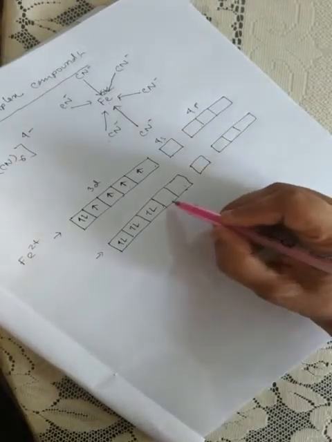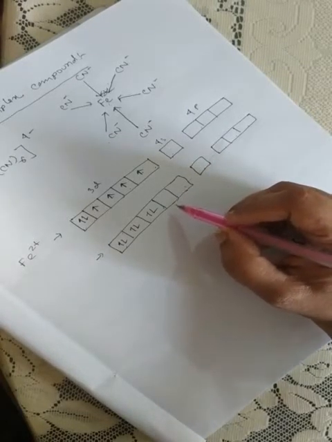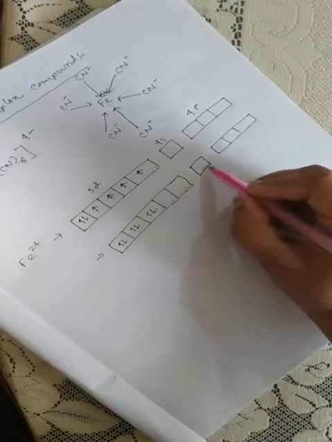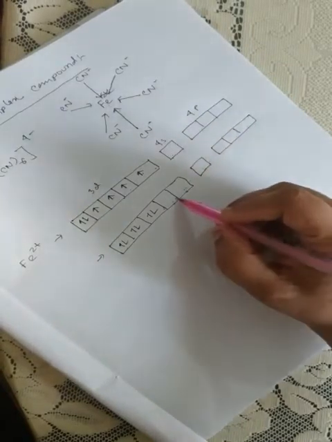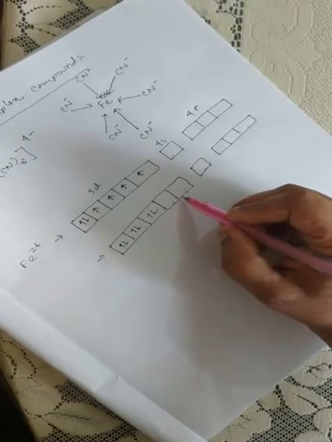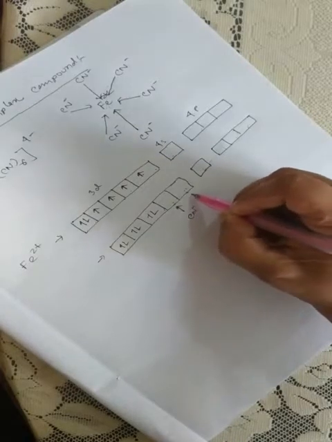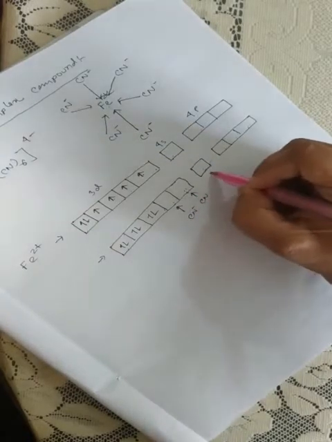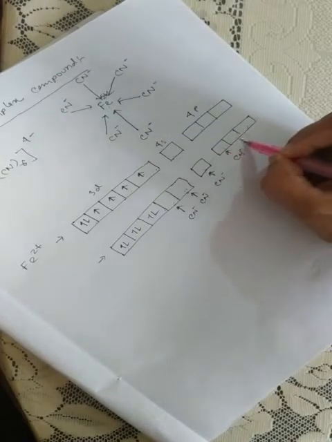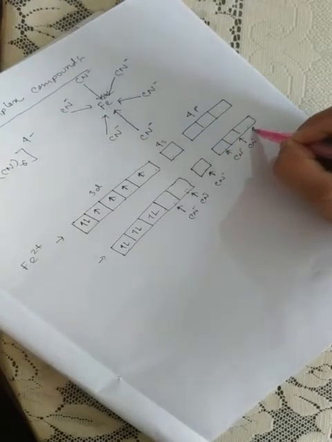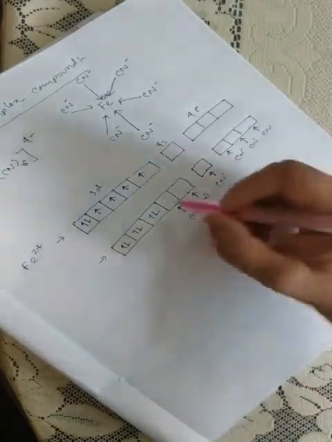Okay, now how many vacant orbitals are prepared? 1, 2, 3, 4, 5, 6. These 6 vacant orbitals gain 6 cyanides. 6 cyanides enter into 6 vacant orbitals.